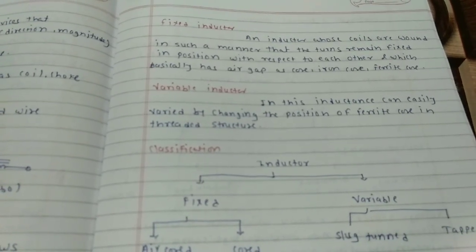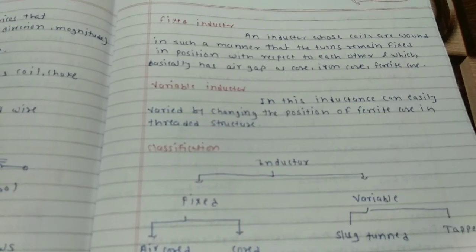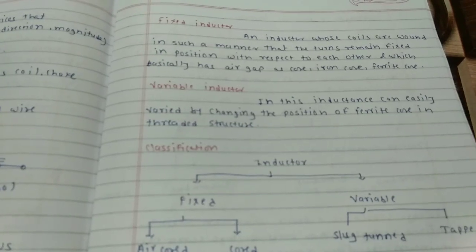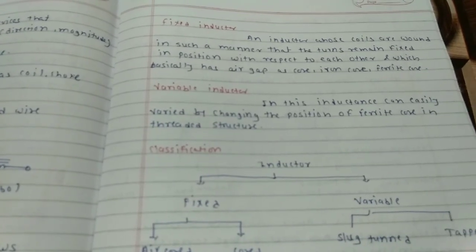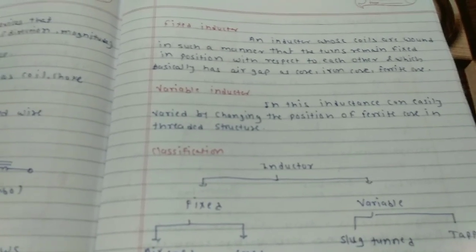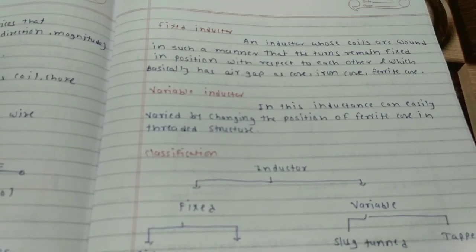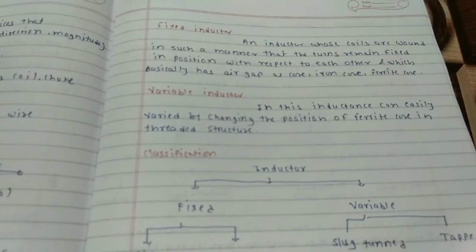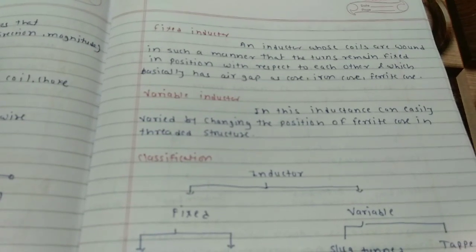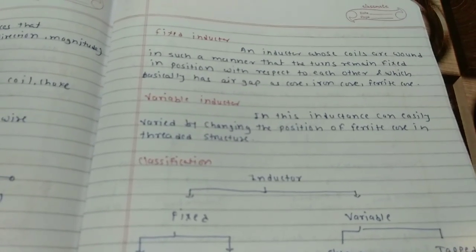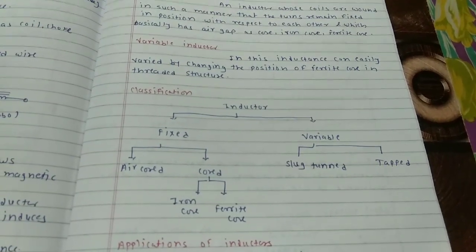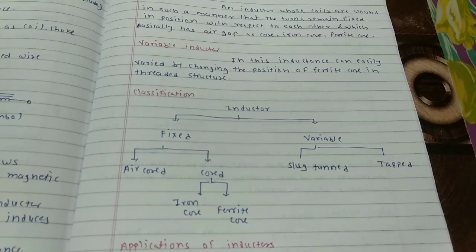A fixed inductor is an inductor whose coils are wound in such a manner that the turns remain fixed in position with respect to each other, and which basically has an air gap, iron core or ferrite core as its core. Then the variable inductor: in this, the inductance can easily be varied by changing the position of the ferrite core in a threaded structure.